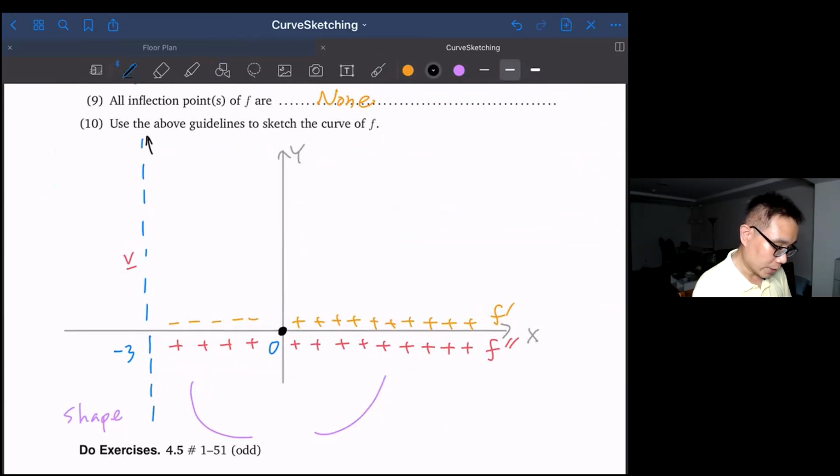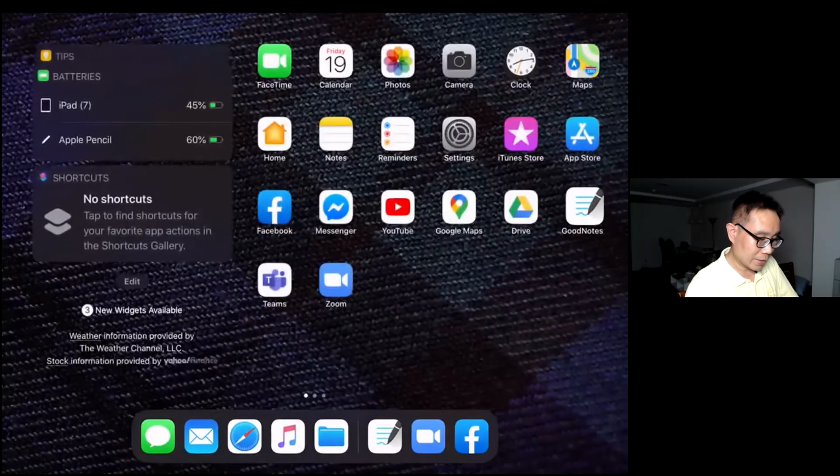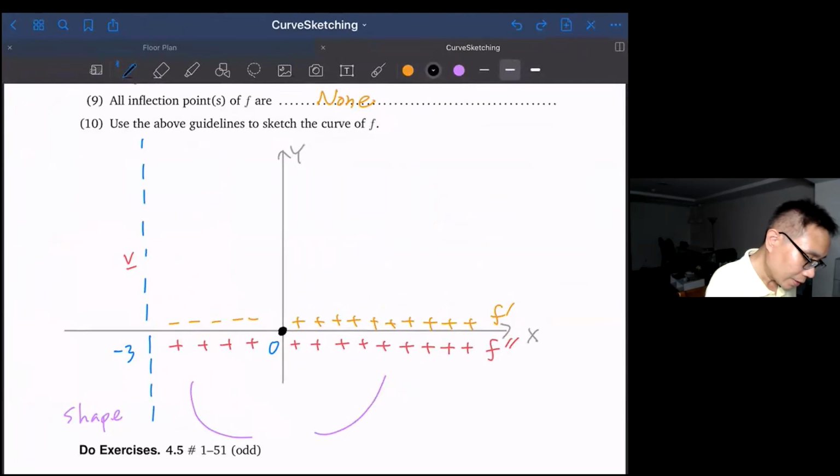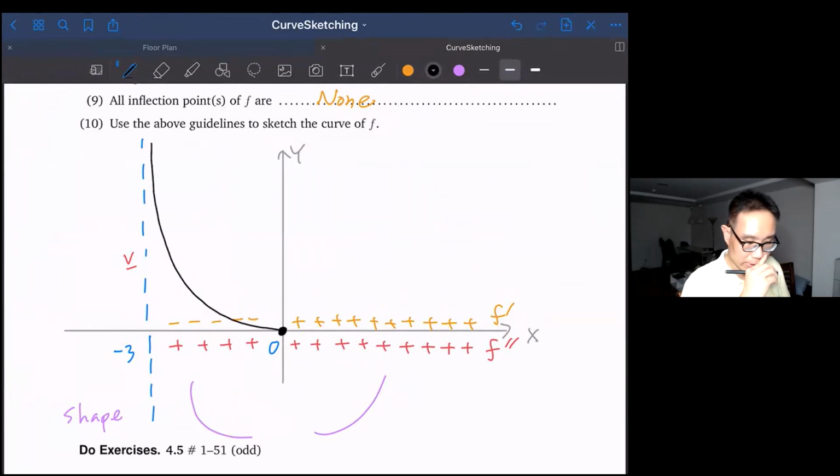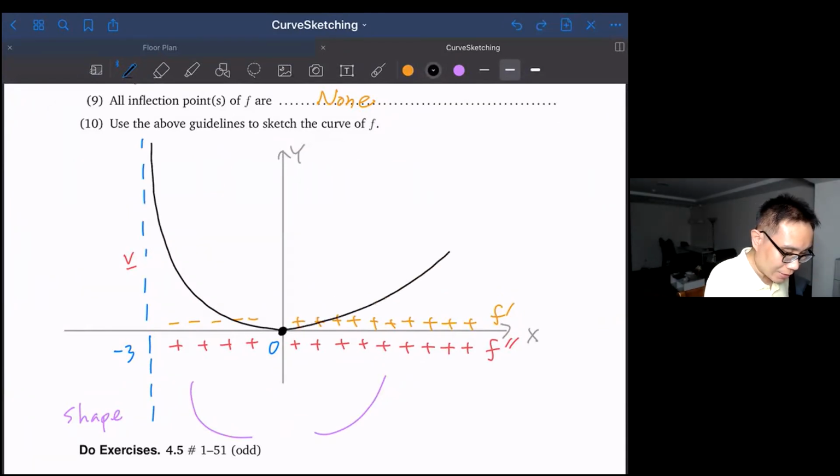Okay, so this one is on this side, and for the other side, x equal to 0 is the local minimum, and you're gonna go up to positive infinity.